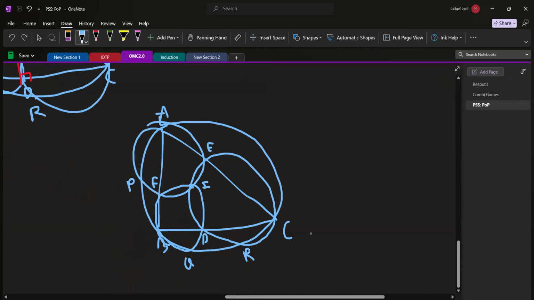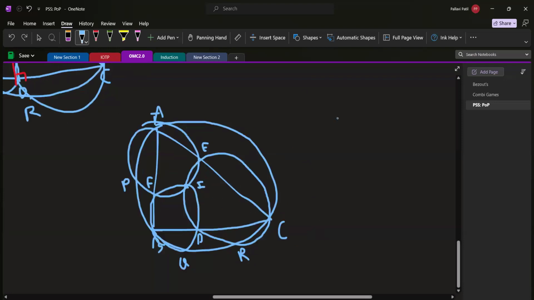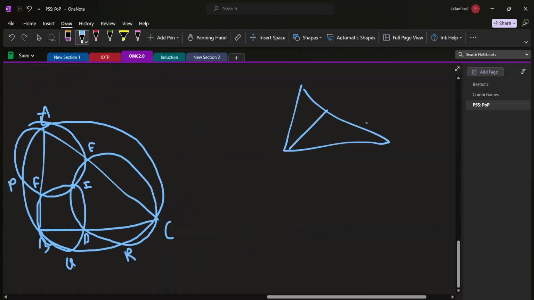So what are the circles that we could possibly look at to show that we want PD, QE, and RF to be the radical axes? I didn't really notice this before, but all of these keep coming back to the orthocenter configuration in a way.